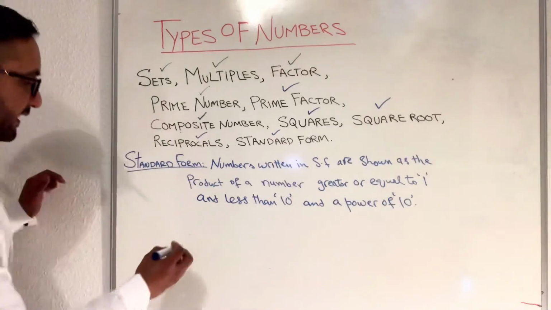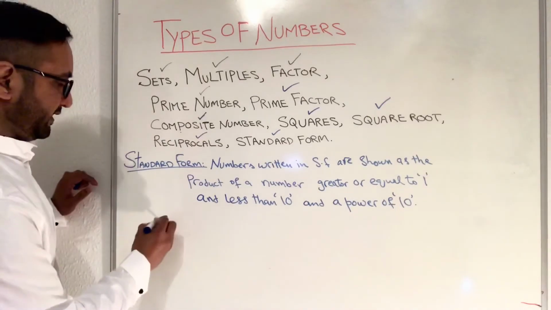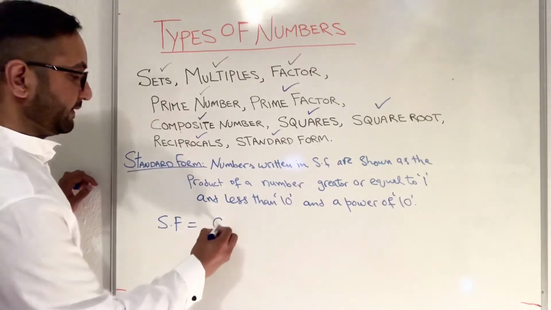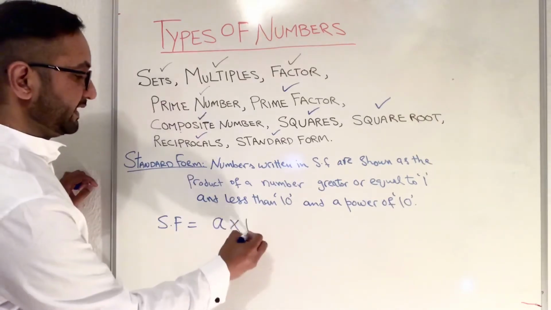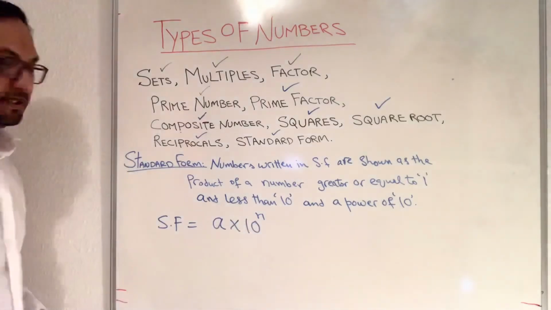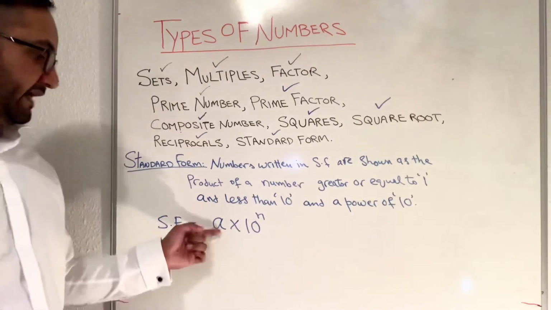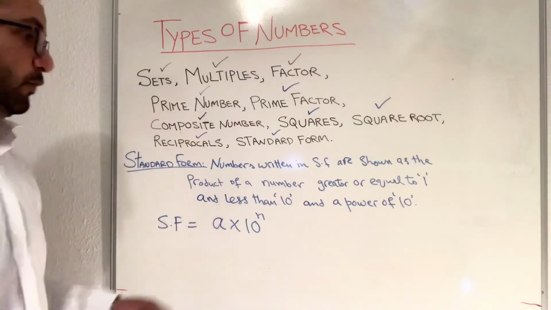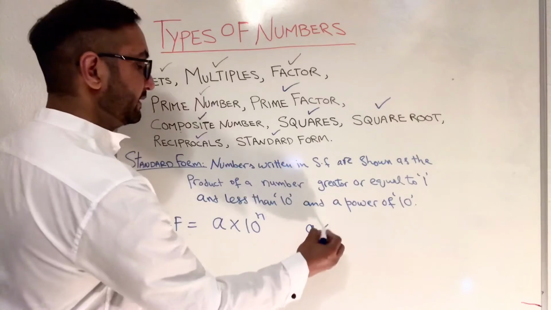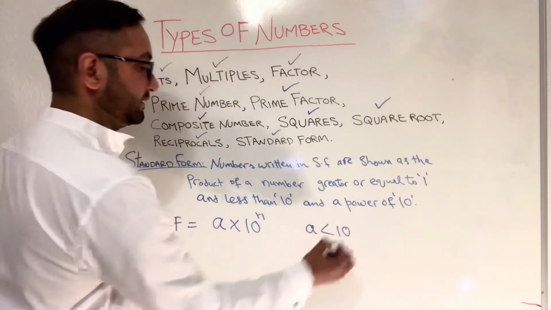Just like if I write down a number in standard form, if a is a number, it is a times 10 power n. n could be anything. So a is a number which is less than 10, right?